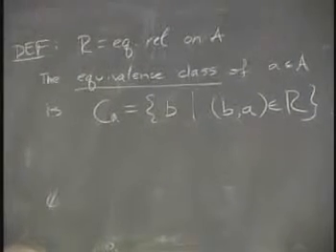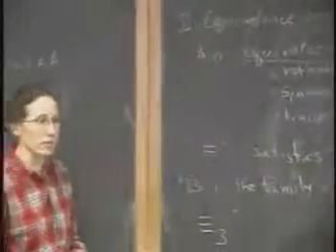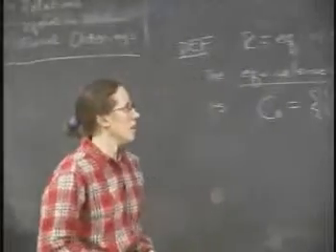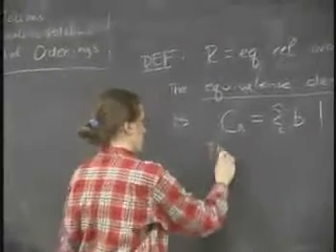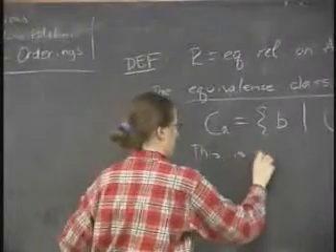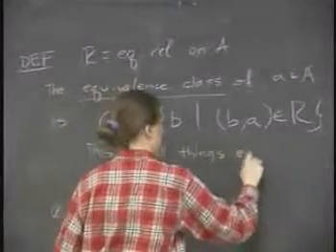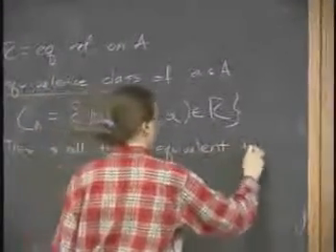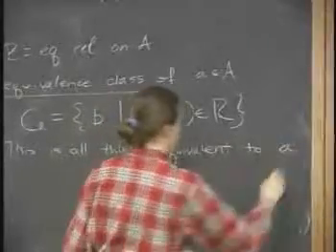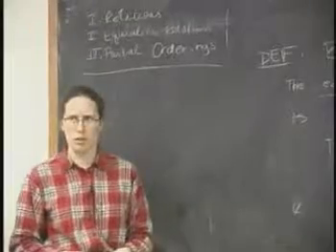A is going to be in the equivalence class itself because it's equivalent to itself, because an equivalence relation is reflexive. So this is all things equivalent to A. Does that make sense?